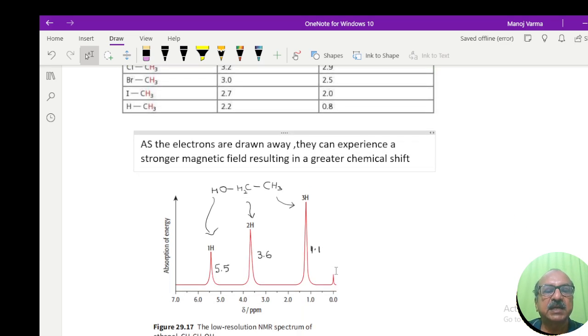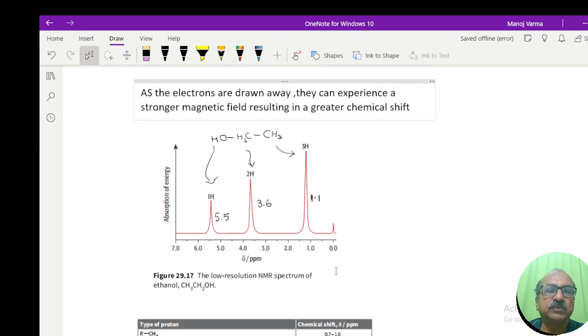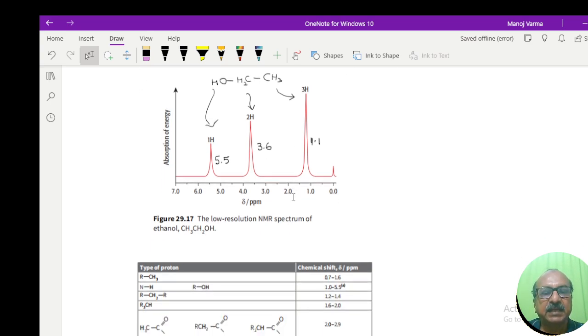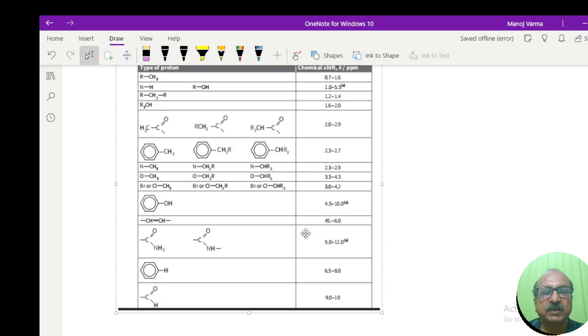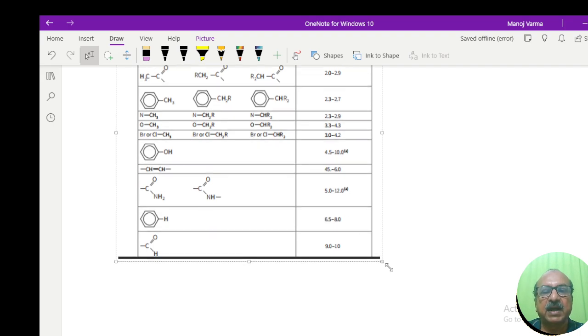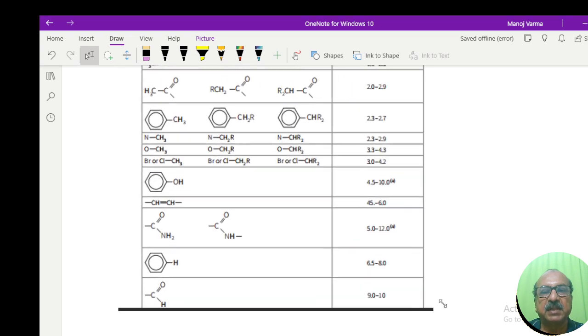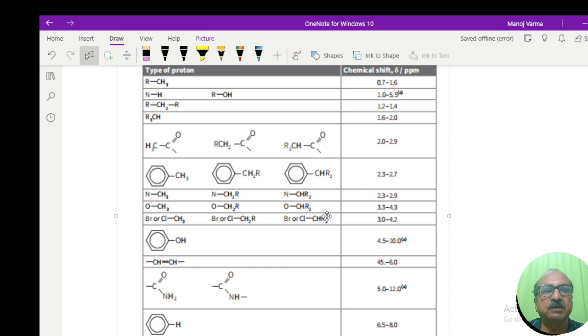So now let us just take as an example, what kind of spectrum would you get for the molecule of ethanol? And there is a table that you have to refer for chemical shifts, and you can identify the different environments of protons from this table, and you can see the chemical shifts.